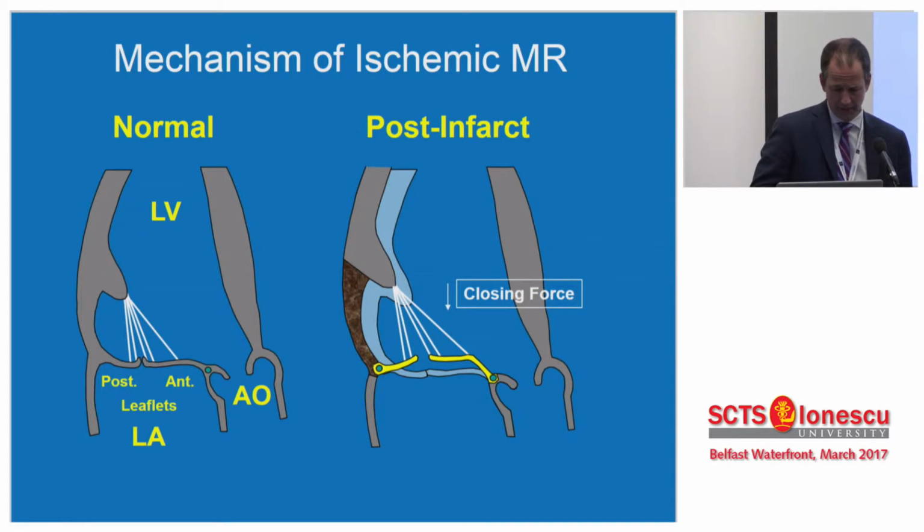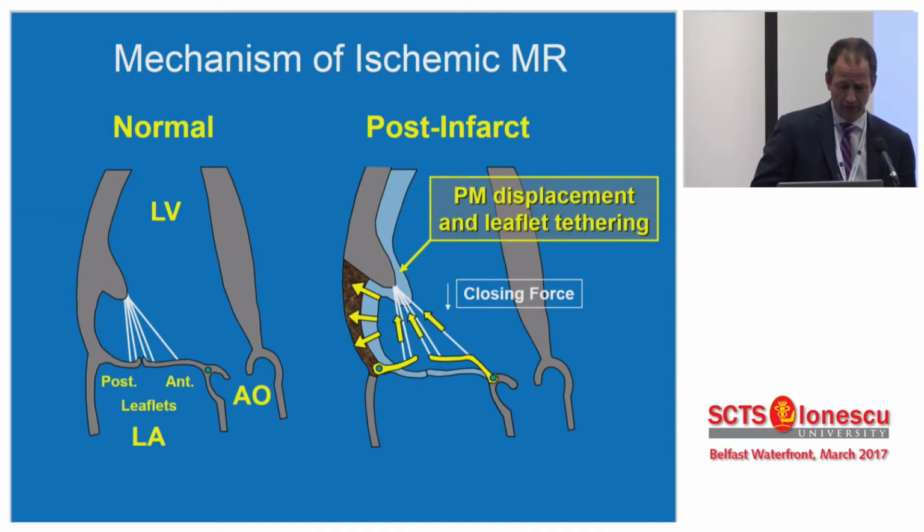You have displacement of the posteromedial, usually, papillary muscle, but also sometimes the anterolateral papillary muscle. That results in leaflet tethering and then distraction of the leaflets from each other, which then results in MR, and then the MR can induce annular dilatation. Unless the patient has atrial fibrillation, annular dilatation does not precede MR. It always follows MR.